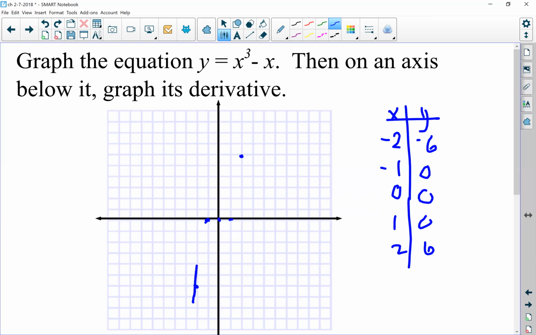So this function goes up, down, up, and through.